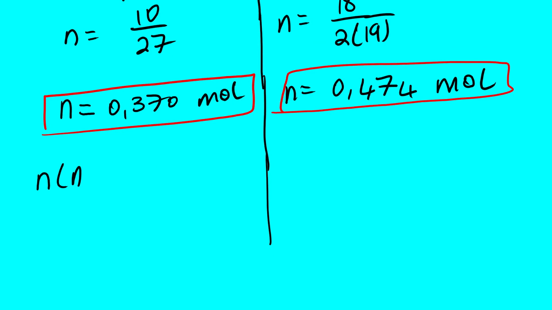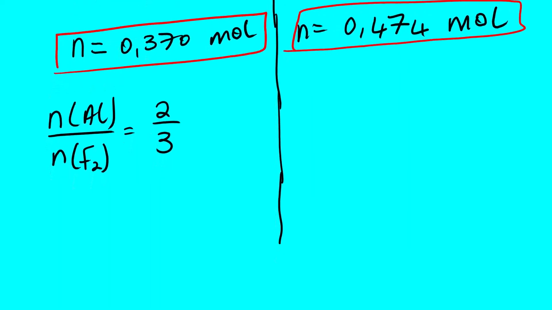So N of aluminium divided by number of moles of fluorine equals 2/3. With 0.474, it equals 2/3.